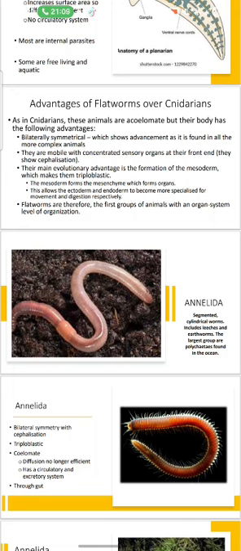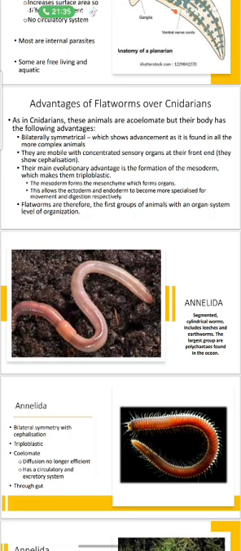They have bilateral symmetry, which shows advancement as it is found in all the more complex animals. They are mobile with concentrated sensory organs at the front end. They show cephalization. Their main evolutionary advantage is the formation of the mesoderm, which makes them triploblastic.